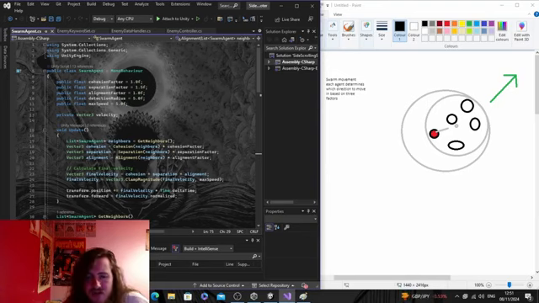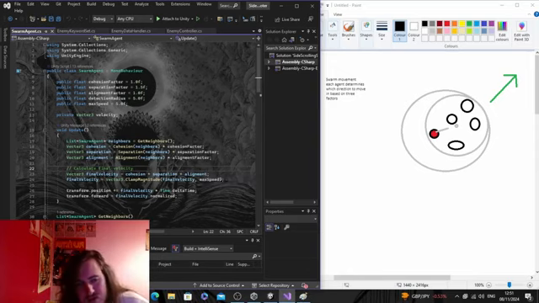I just need to change the final velocity. At the moment it's just cohesion plus separation plus alignment. So if I'm having a specific target, I'd probably do all the calculations, figure out what that target is, and then add it in here.